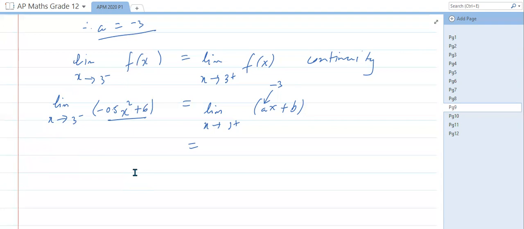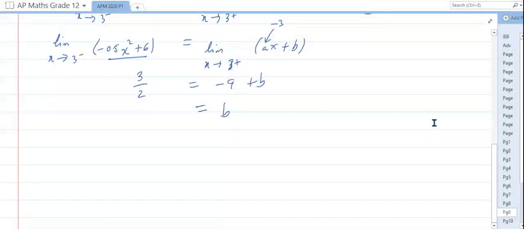So we're taking 6 minus 4.5, which is 3 over 2. The value is 3 over 2. And on this side, 3 from the right, we're substituting 3 times minus 3, which is minus 9 plus b. 1.5 plus 9 is equal to 10.5. Therefore, b is equal to 21 over 2.